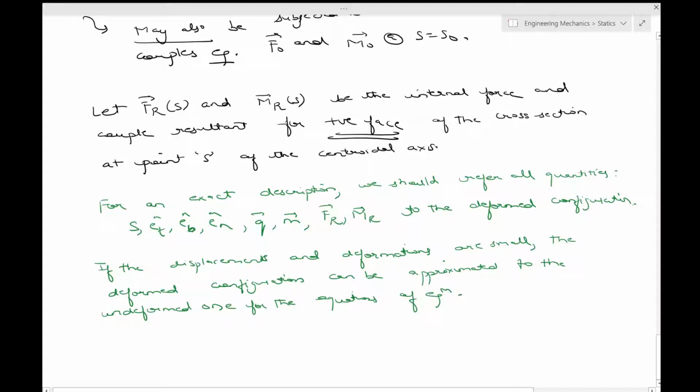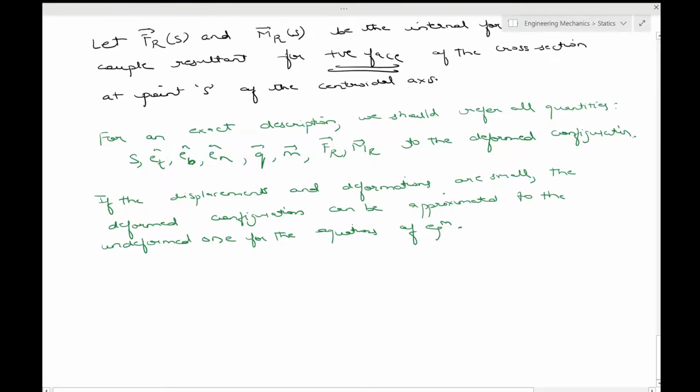So let's now take up a so-called straight bar.